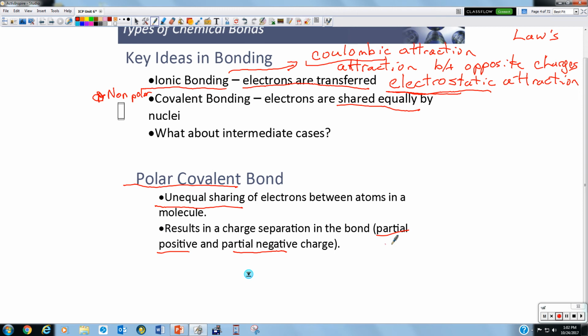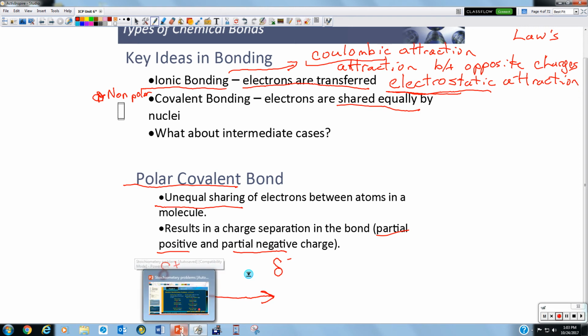We represent that with these little symbols, a partial positive written like this and a partial negative written like this. When we draw the compound, we also have a dipole moment, an arrow that points towards the negative side.